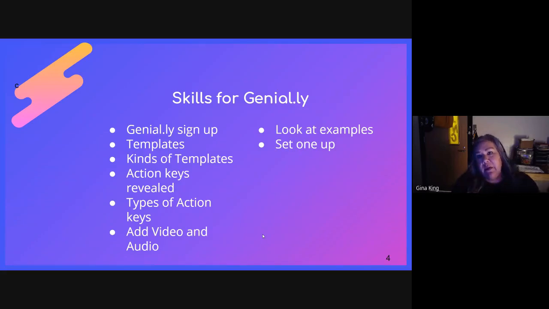So it's kind of a workaround. If you think your whole team is going to use it, you might go ahead and get the upgraded educator account. But Genially has all kinds of templates.